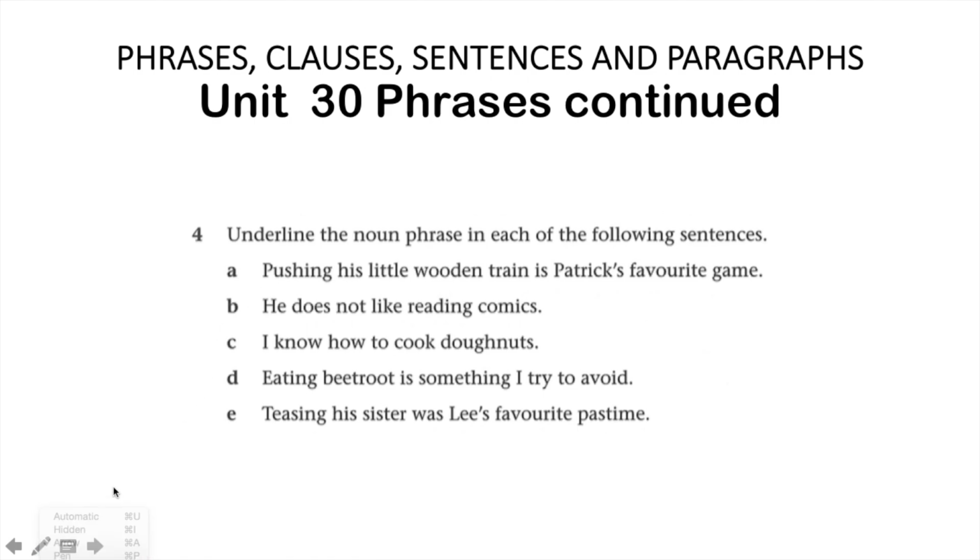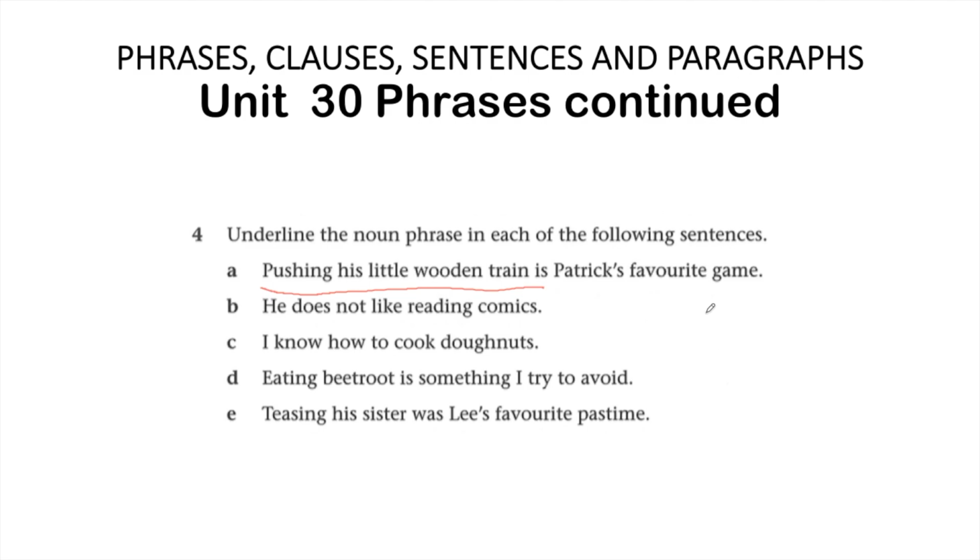What we're looking for here is to underline the noun phrase in each of the following sentences. So, if we read question 4a, pushing his little wooden train is Patrick's favourite game. The pushing his little wooden train is the noun phrase, because that's the noun element there.